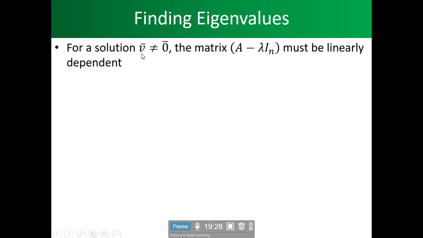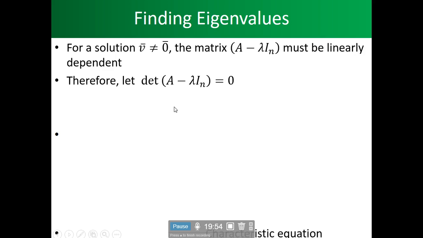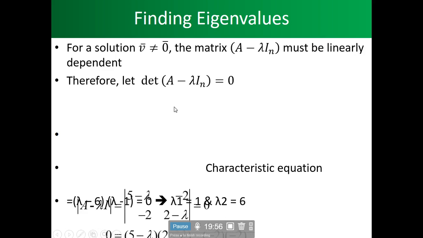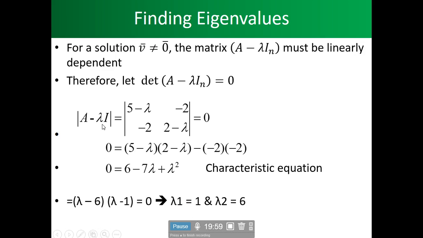Okay, for the solution, for an eigenvector that cannot equal 0, the matrix A minus lambda times the identity matrix must be linearly dependent. Therefore, let the determinant of A minus lambda I equal 0. Let's multiply this out.